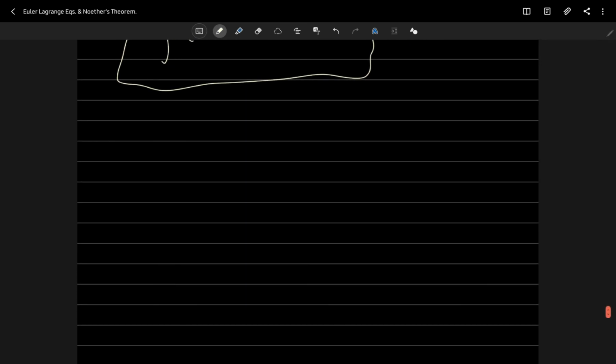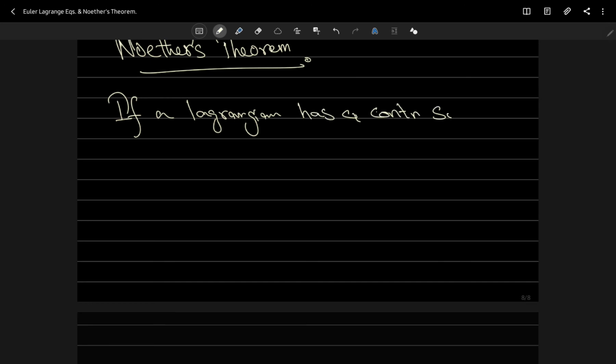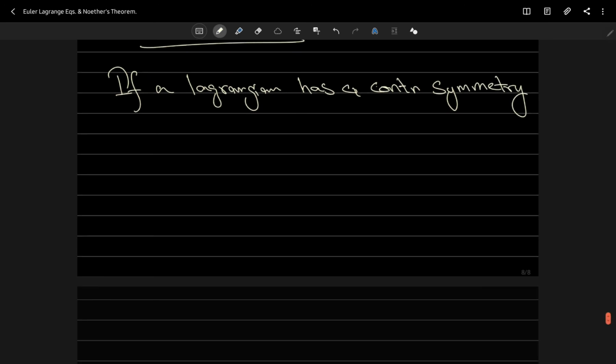And so finally now, moving on to the statement of Noether's theorem. So I'll actually go ahead and I'll write it down. So the statement of Noether's theorem is as follows, that if we have a Lagrangian, and it has a continuous symmetry. So this point is very important, that the Lagrangian has to have a continuous symmetry.